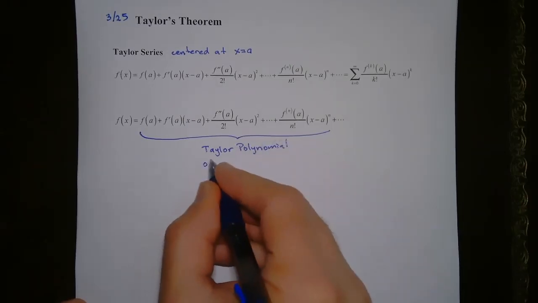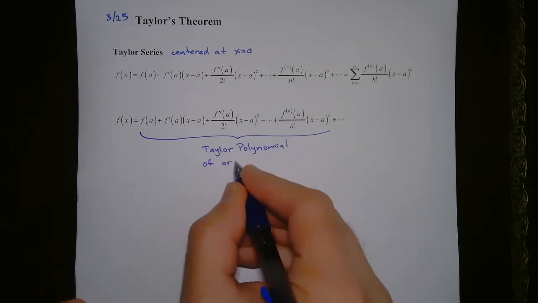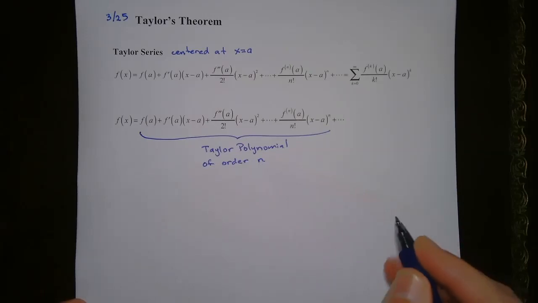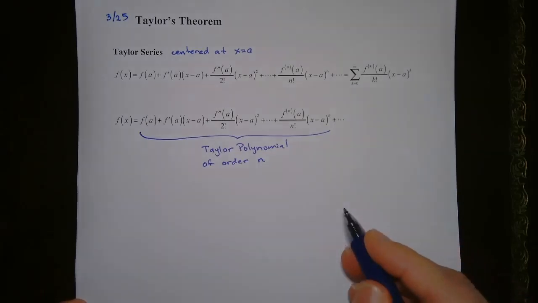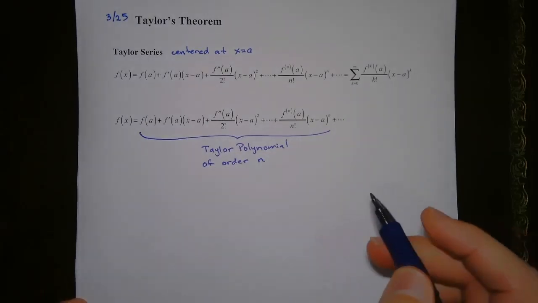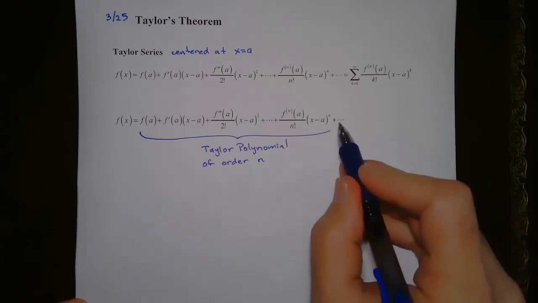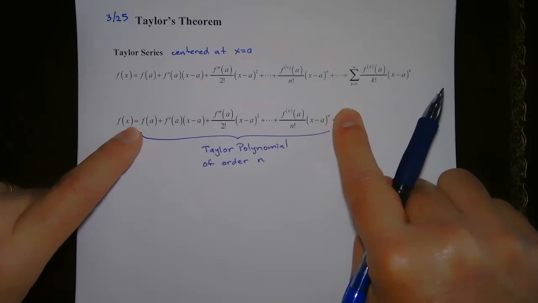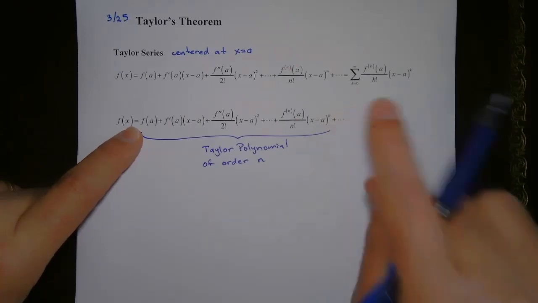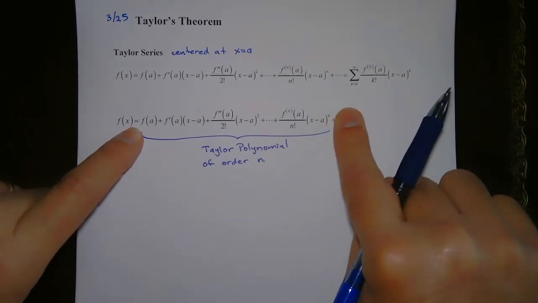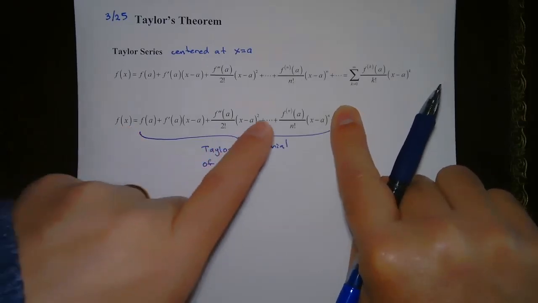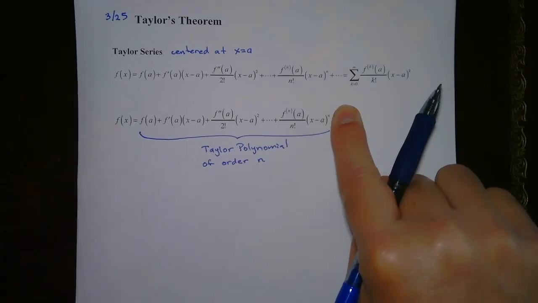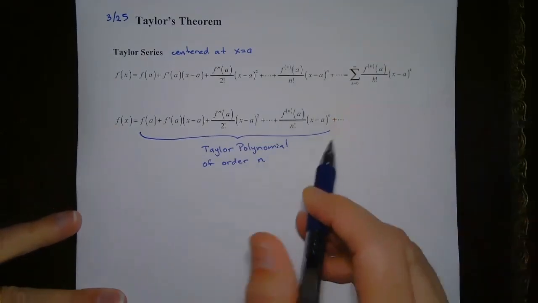We could also say it's a Taylor polynomial of degree n. If we stop it, we shouldn't be putting equals. We should be putting an approximation, because this polynomial is approximating the function. It's not exactly the function.